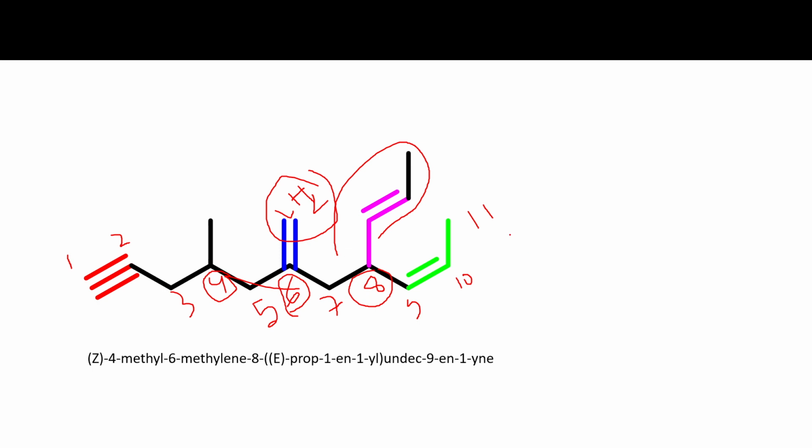You can also give the numbering from this side, depending on the position. This is the main chain, so number one position will be this. If there is a double bond on this side, like here the double bond is present, it will be number one, number two position, and then you have to tell whether it is two propynyl groups or three propynyl groups, where the next double bond is present from the main chain.